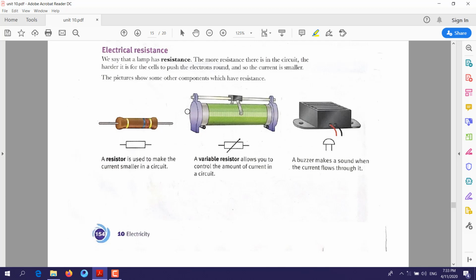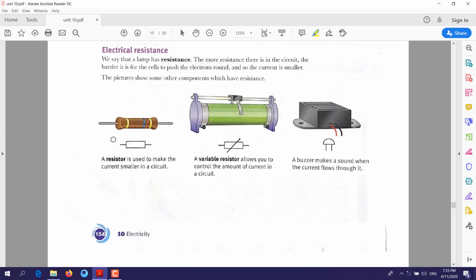Each bulb has a specific resistance. Let's say you have a bulb that needs 5 volts to light up, and your source of energy is 10 volts. What do you think will happen? The bulb can handle up to 5 volts, but the source will give 10.